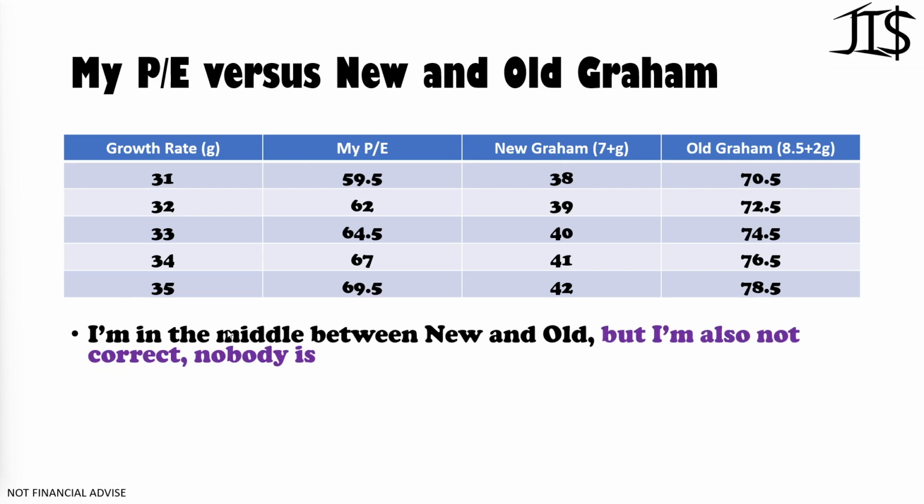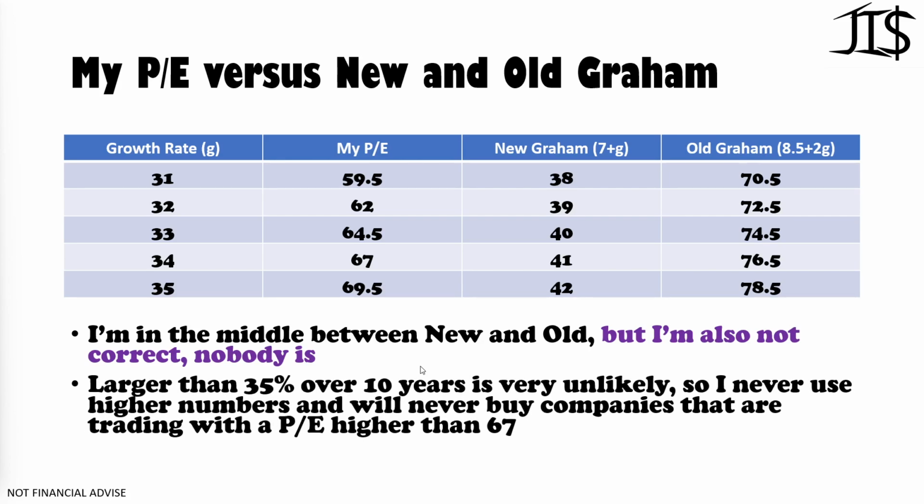So I'm pretty much in the middle between the new and the old formula of Graham, but I'm also not correct. Nobody is. That's really important that you know that. And I never go higher than 35% over 10 years.